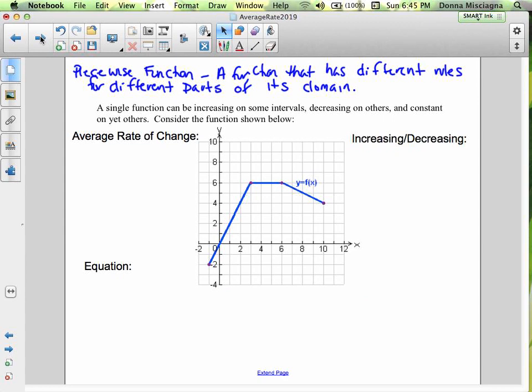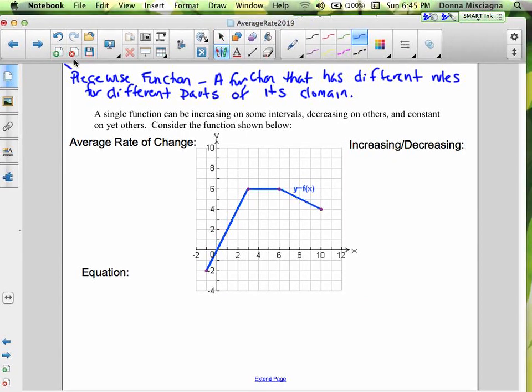All right, so now this is a piecewise function, and you should definitely put that in your notes. Maybe you have that in your notes already. There we go. This will be important for you to know for next year. Piecewise functions are just functions that have different rules for different parts of the domain.